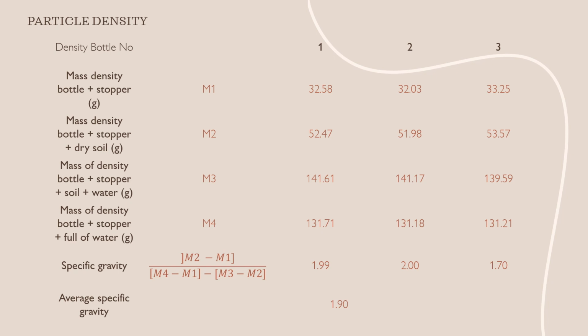The data was recorded during the experiment. Specific gravity is determined using the formula (M2 minus M1) over [(M4 minus M1) minus (M3 minus M2)] from the data given. Finally, we can find the average specific gravity, which is 1.90.